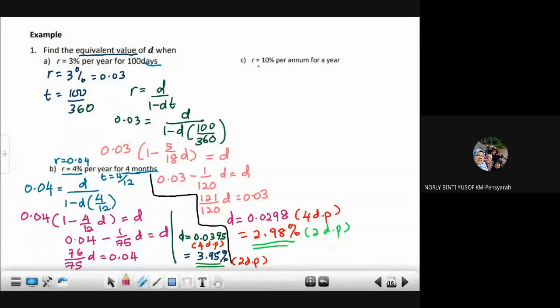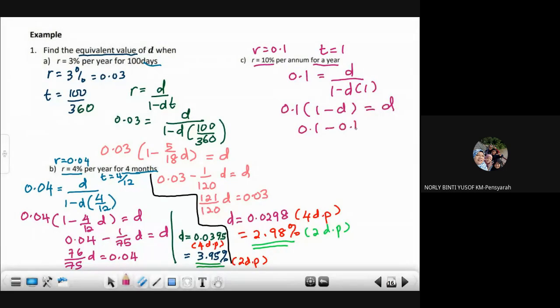Lepas tu pergi pada soalan C. C pun sama. R adalah 0.1 per annum for a year means D1 lah. So kita terus masukkan 0.1 sama dengan D over 1 minus D times 1. So ini senang sikit lah sebab dia punya times tu 1 kan. So naikkan atas 0.1, 1 tolak D sama dengan D. So kembangkan 0.1, 0.1 D sama dengan D. Then you solve, you will get 1.1 D equals to 0.1.